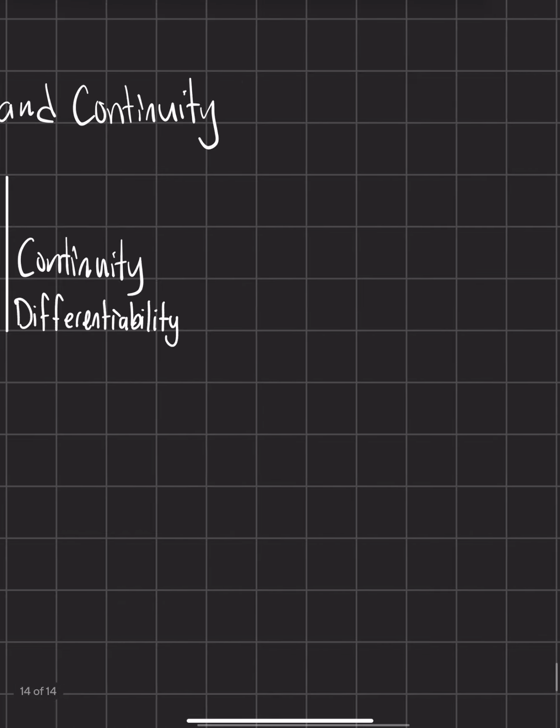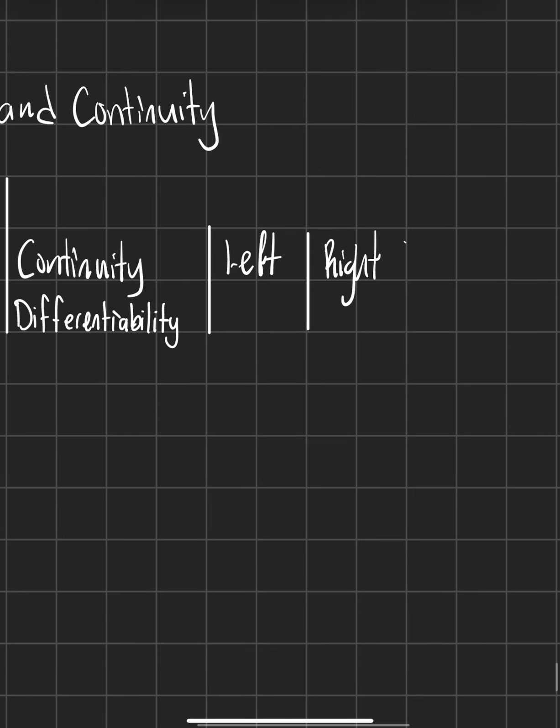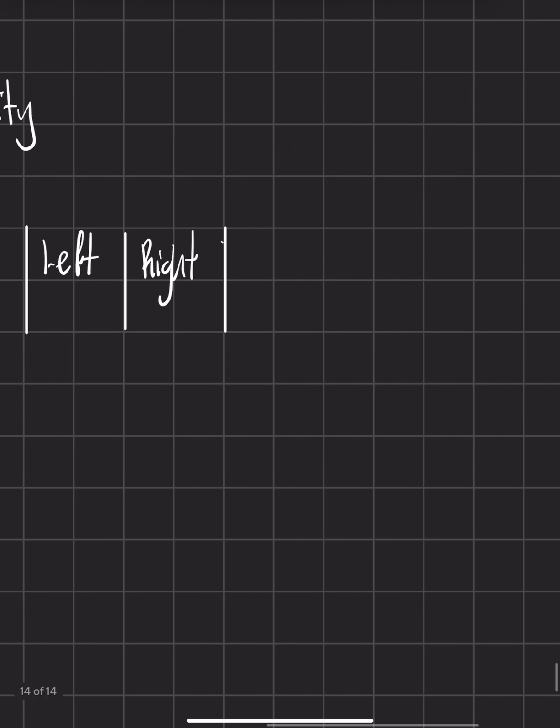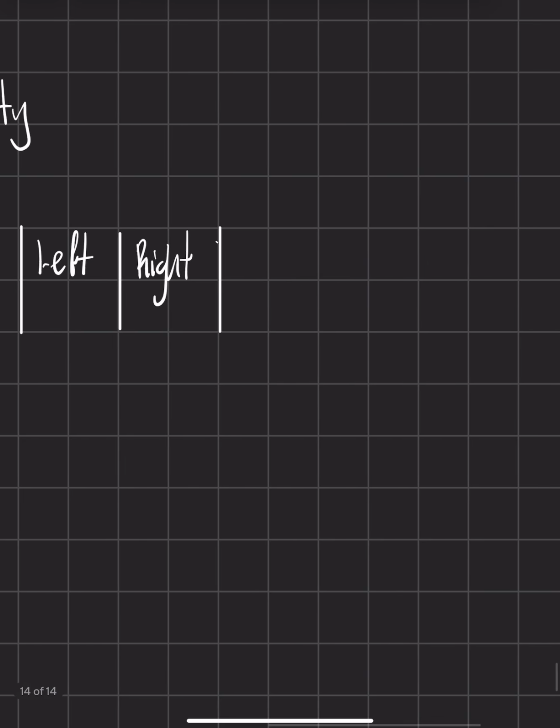In order for continuity, like we talked about in the previous video, we need the left and right limit to agree. So for our checklist, let's put left on this part, put right on this part. And we also remember the value at whatever point a we're talking about needs to be the same as the left and right limit.